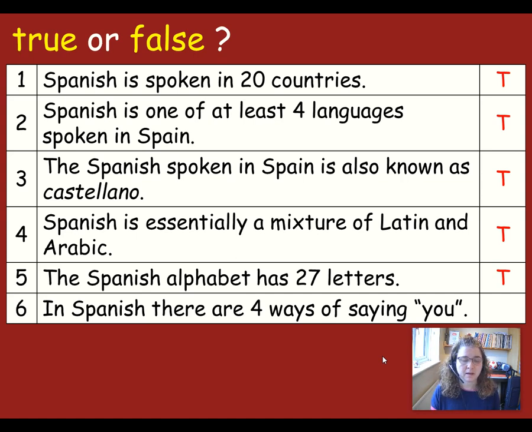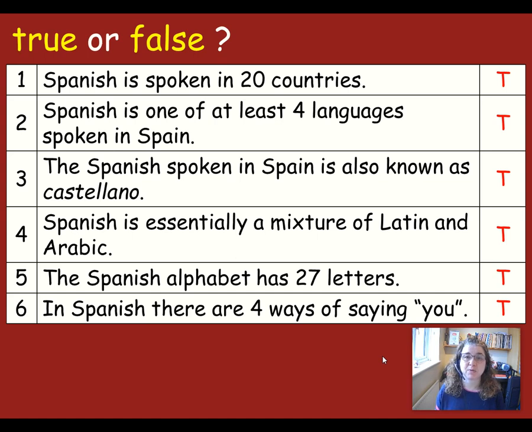And question six, in Spanish, there are four ways of saying you. That also is true because we have two informal ways of saying you that you'd use with friends and family, and two formal ways of saying you, which you tend to use with people who are older than you or people that you don't know very well.